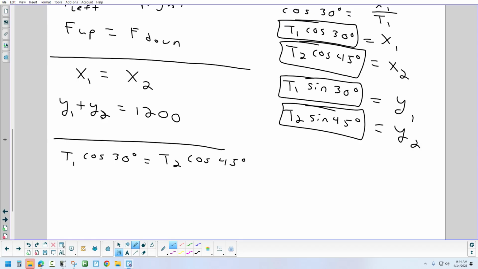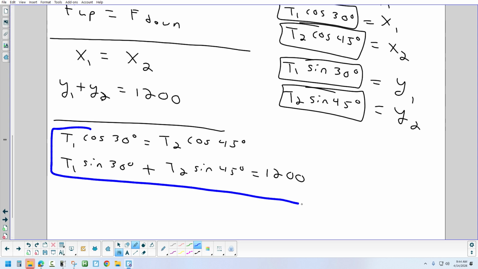So y1 is T1 sine 30, plus y2 is T2 sine 45. And that is your system of equations you need to solve.